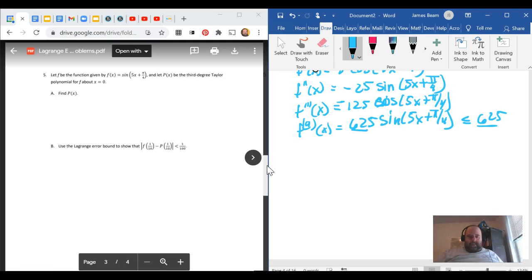Okay, so we then know that this is going to be bounded by 625 over 4 factorial, right? And the largest possible value for x here, started at 0, is going to be 1/10, right? 1/10 to the 5th.